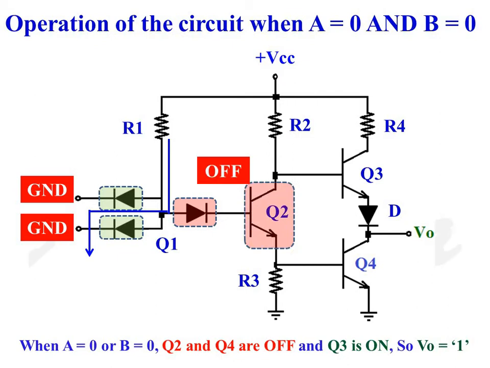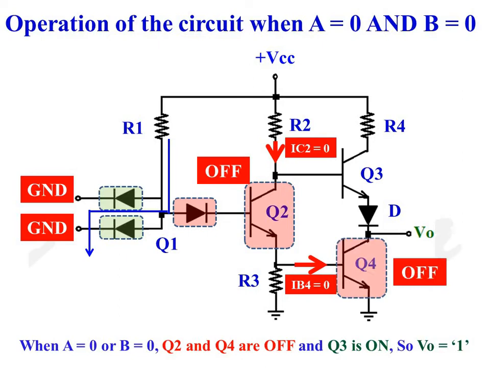So transistor Q2 is in the off condition. As transistor Q2 is off, its collector current is equal to 0. So emitter current of transistor Q2 is equal to 0 and base current of transistor Q4 is also equal to 0. So transistor Q4 is in the off condition.